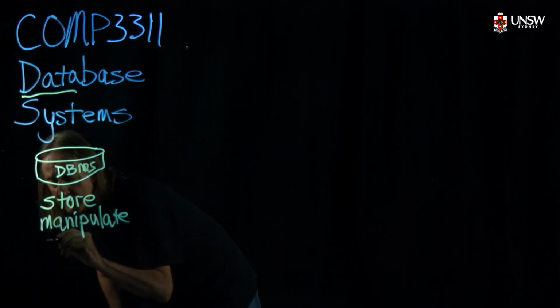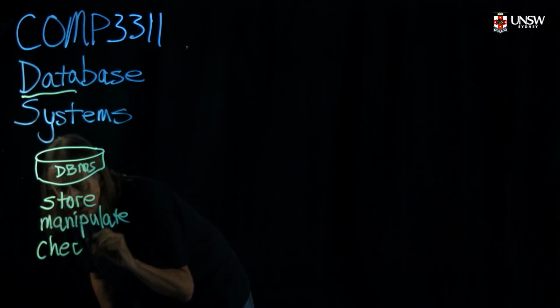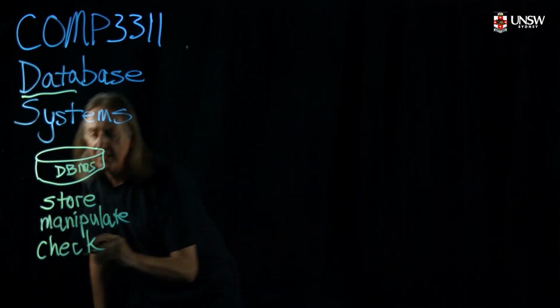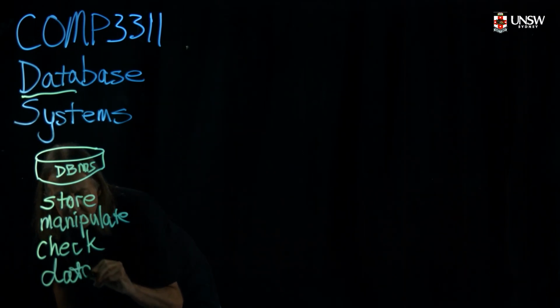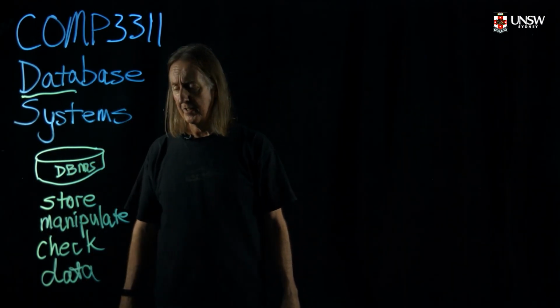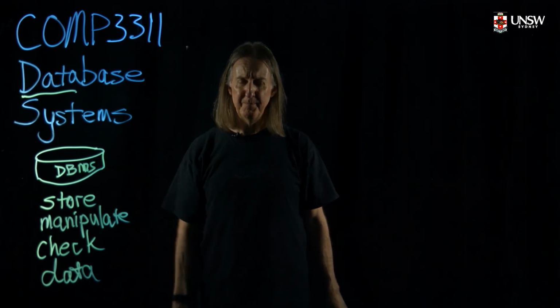And the final thing they do that's quite important, and maybe doesn't get emphasised enough, is that they check the validity of the data. So we've got data storage, data manipulation, and checking data validity. So that's what a DBMS does, in essence.